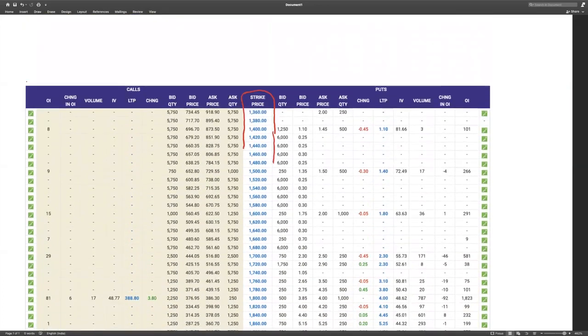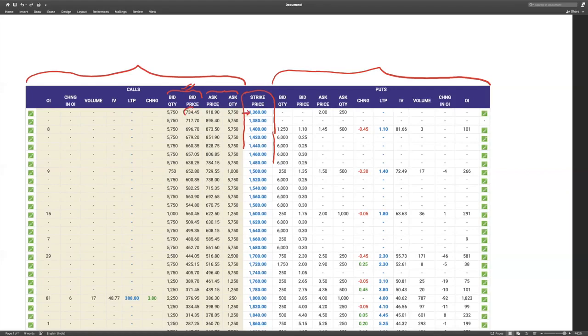So this side of the table shows the call options and the right side of the table shows the put options. And you can see that these are the bid prices and quantity and these are ask prices. That is, the people who are buying, they quote the price for this particular strike price.